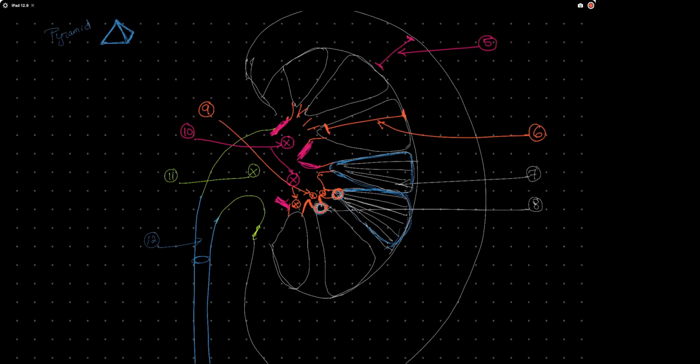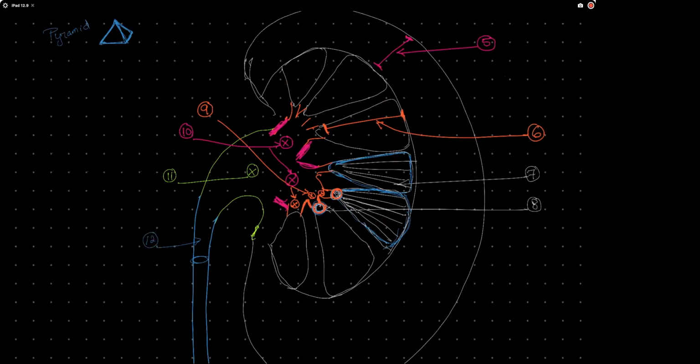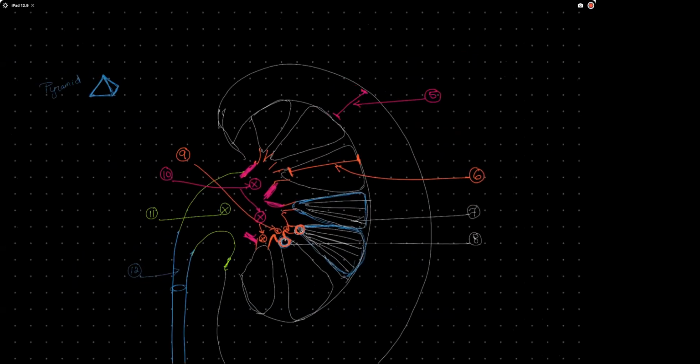And you'll see on here, this funnel-shaped tube carrying the urine will drain the urine into a muscular tube that will carry the urine down from the kidney to the urinary bladder. This is marked number 12. So, do you remember what we called the outermost layer of the kidney?